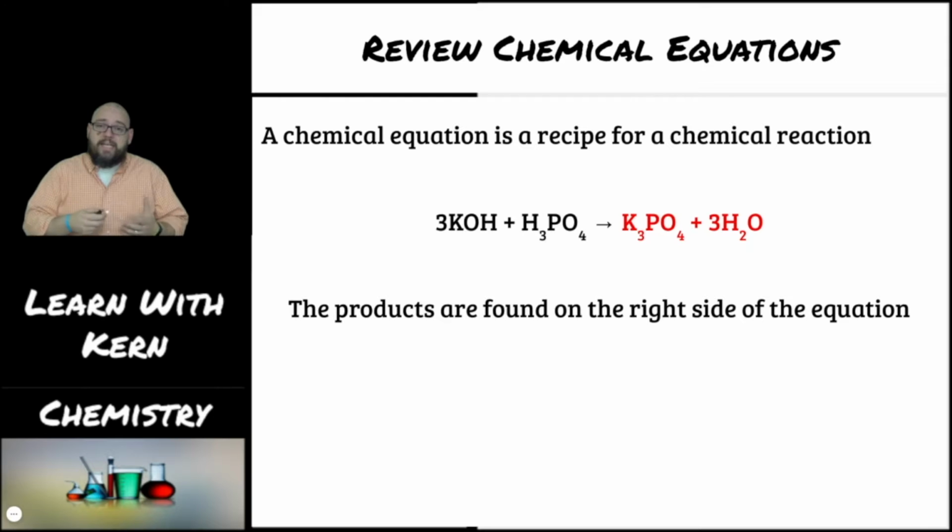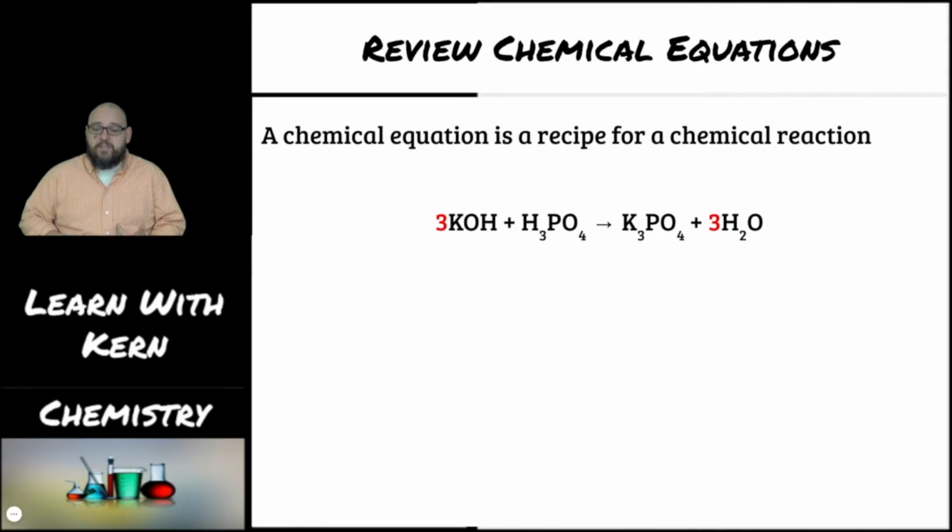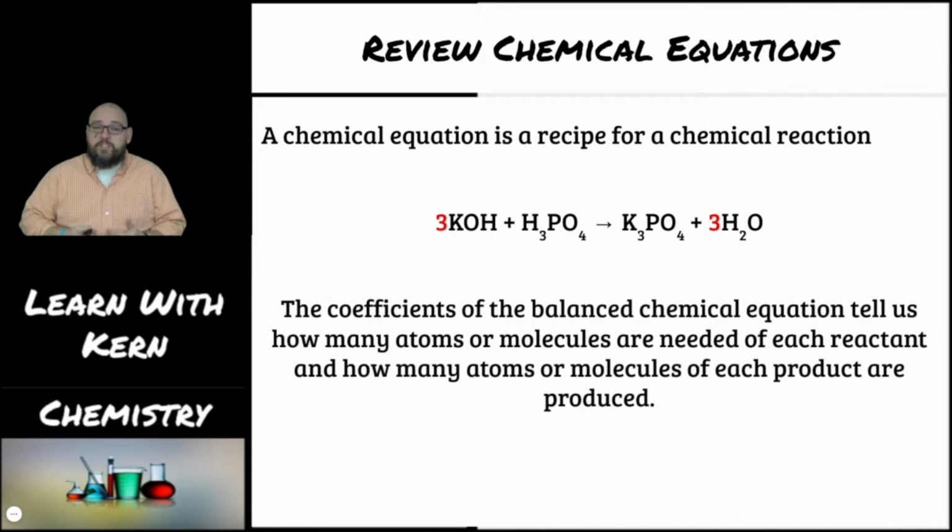And if you look at any recipe in any cookbook, you'll see that you've got a list of ingredients. It tells you how much, and then somewhere it's going to tell you what is made and how much of it is made. And that's what this tells you. The last part is the coefficients. The coefficients of a balanced chemical equation tell you how many atoms or molecules of each reactant are needed to make a certain number of molecules or atoms of products.